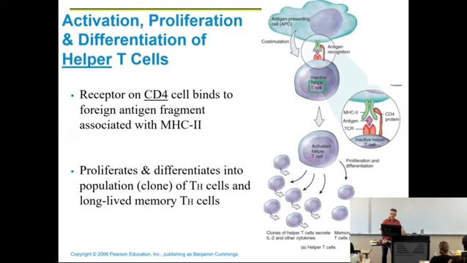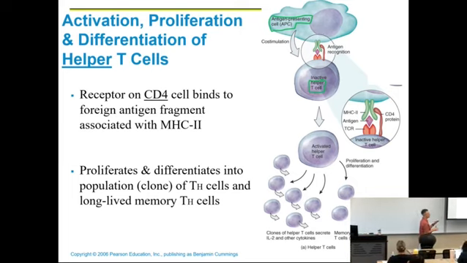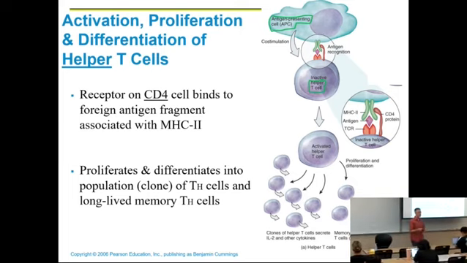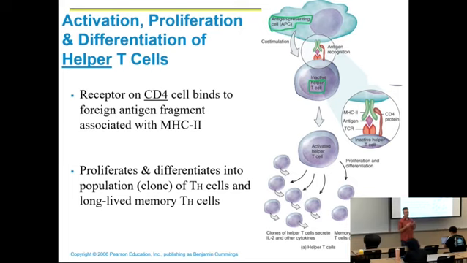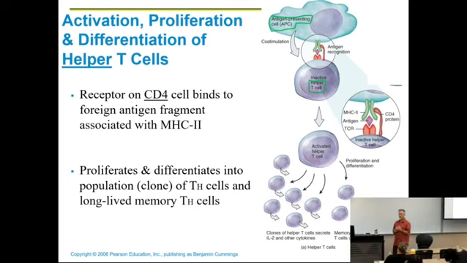It is being presented a foreign antigen by an antigen-presenting cell. An antigen-presenting cell is another cell that is actually straddling the line between our second line of defense and our third line of defense. We said there are different examples of cells that can serve as an antigen-presenting cell. Do you guys remember any examples?